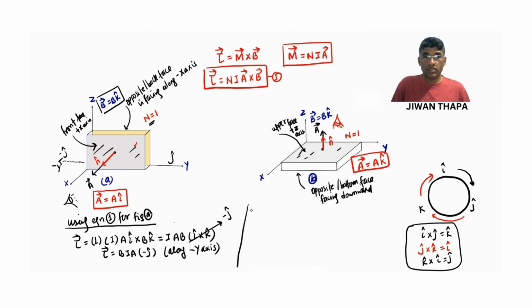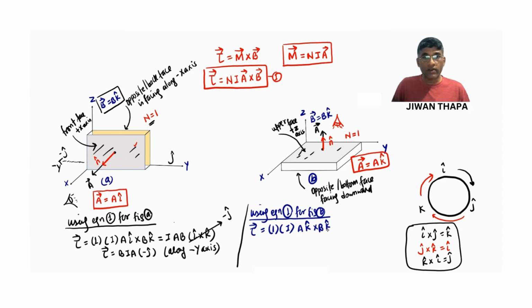Now we are going to use equation 1 for figure B. Clear? So torque tau equals, number of turns is 1, so 1 times I, and the area vector is acting along the positive z-axis, so we have A k cap cross the magnetic field, which is acting along the positive z-axis, B k cap.